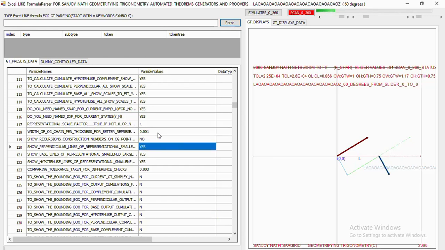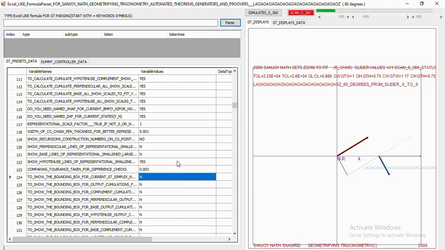It automatically saves the file in bitmaps, and also it saves the file to scale in DXF file format in your D drive. And if the D drive is not there in your system, then this will generate the Geometrifying Trigonometry folder at the location where this exe is kept.